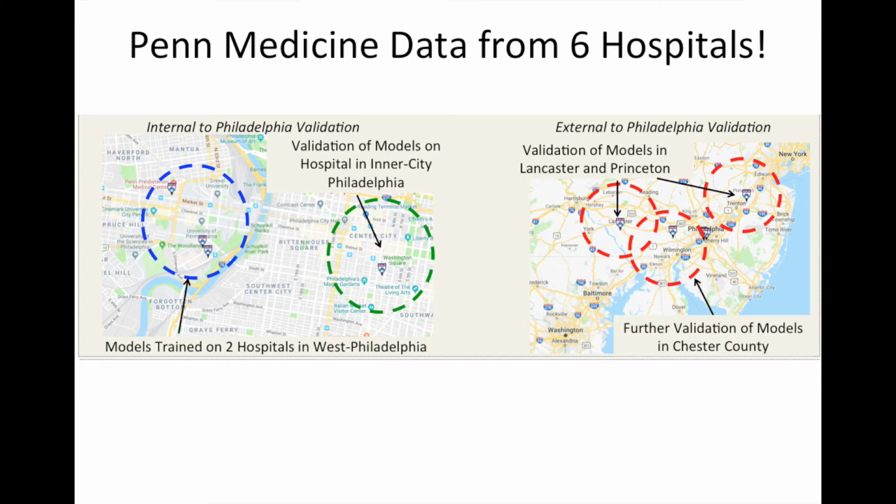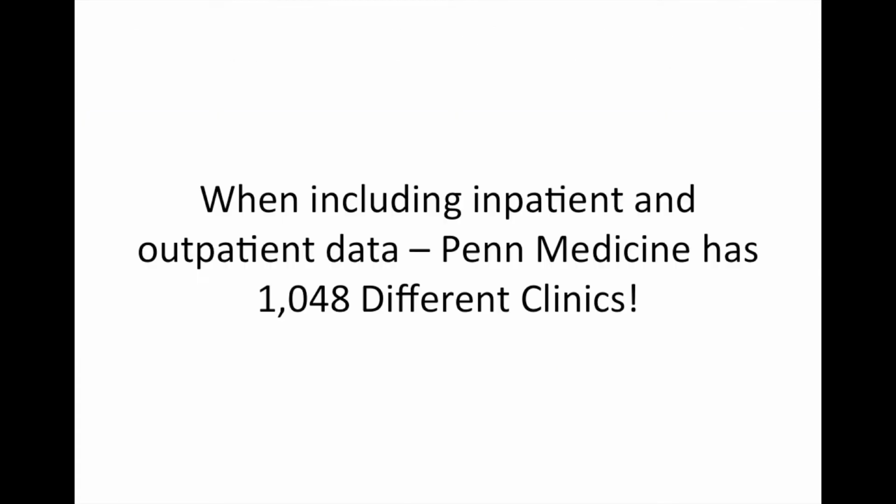We are able to use the data in Philadelphia from the 3 distinct hospitals to actually train informatics models using data from 2 hospitals within West Philadelphia and then validating on a 3rd hospital located in inner city Philadelphia. So we have a very rich source of data from multiple EHR systems in the Philadelphia metropolitan area.